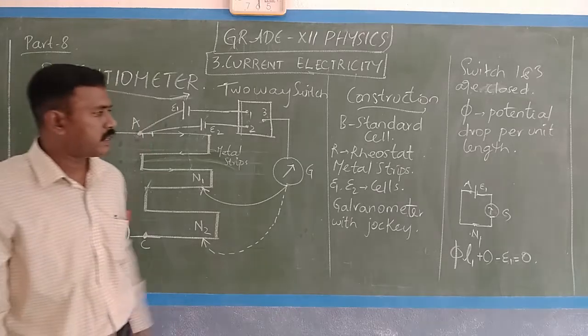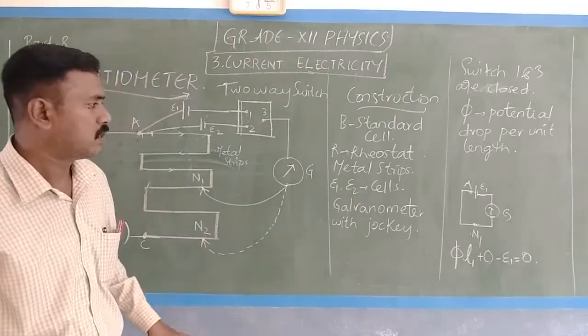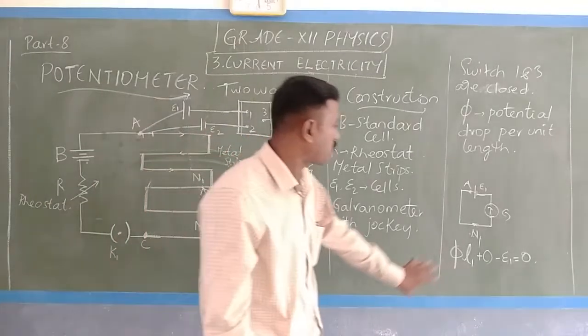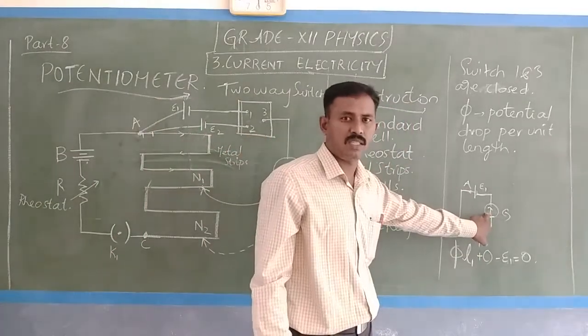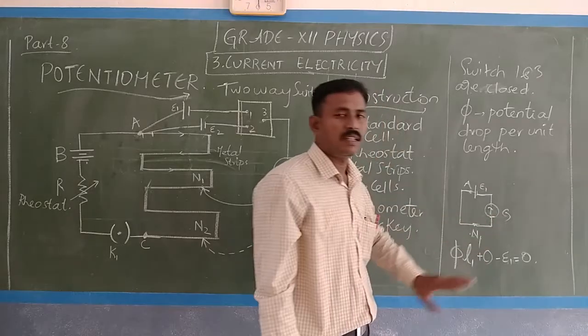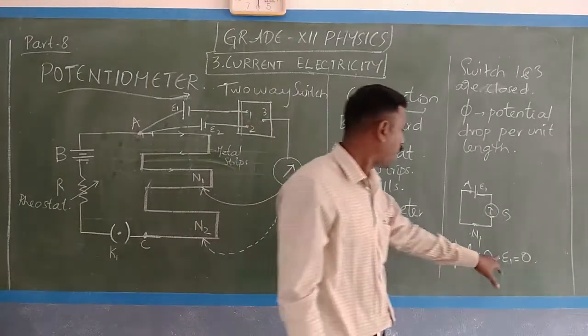So you can write in this manner. Phi L1 is the potential drop from this point to this point. Again, next one is G. In G, there is no deflection, so no drop there. And E1 is what?